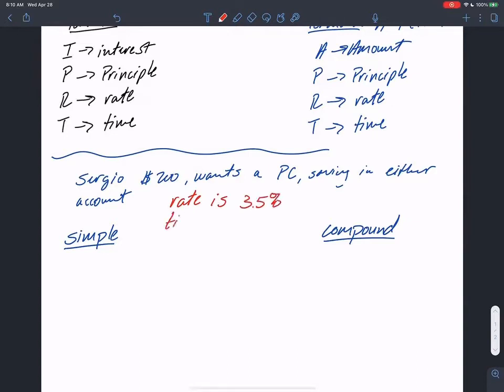And you know what? Because he just got those video game consoles, he figures they're gonna last him at least 4 or 5 years. We're gonna do 5 years. He's willing to wait 5 years.